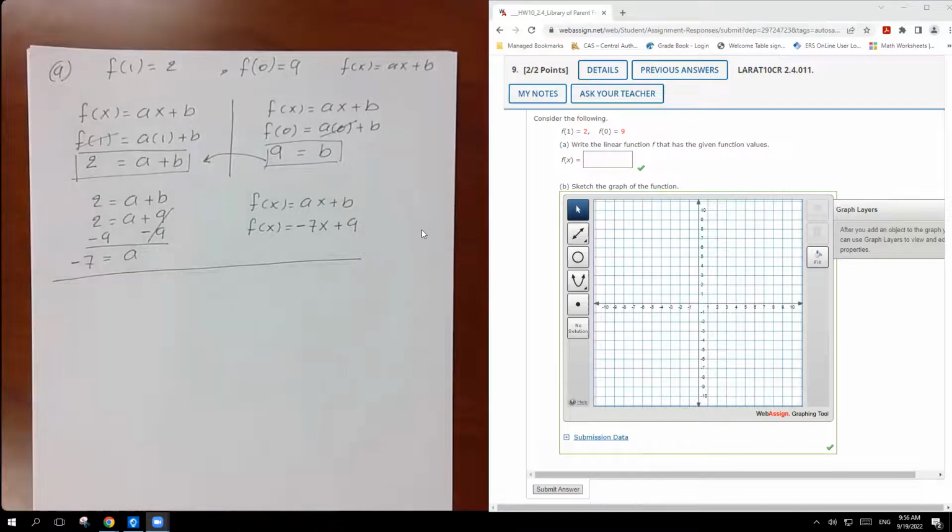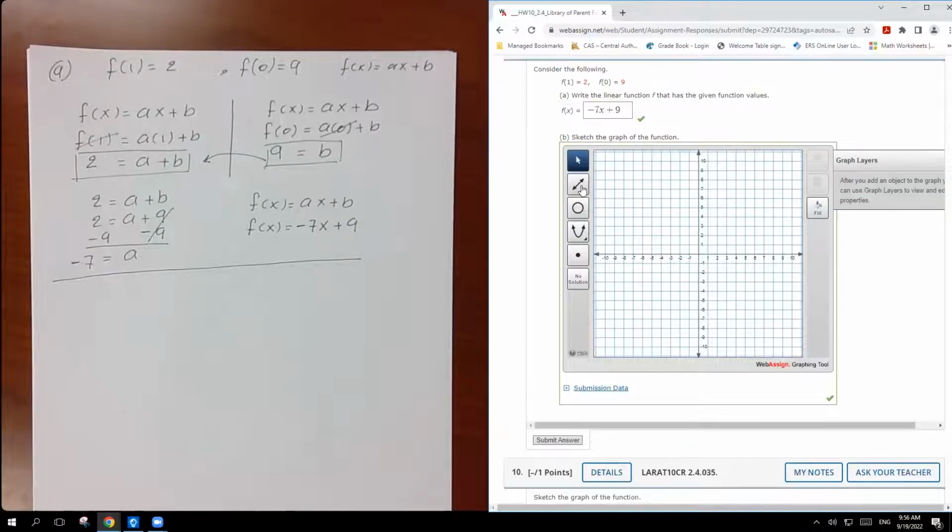And then we're going to graph it. So I'm going to type here -7x plus 9. And let's graph it. So the first point, how are we going to graph this one?